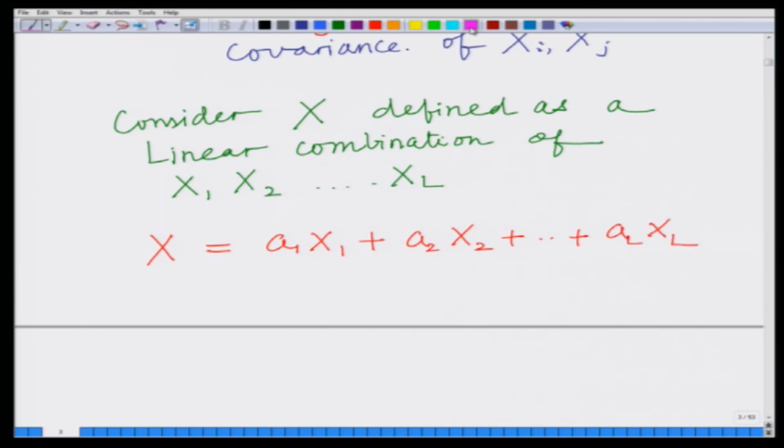So, what we are doing is we are linearly combining these Gaussian random variables x1, x2 up to xl.